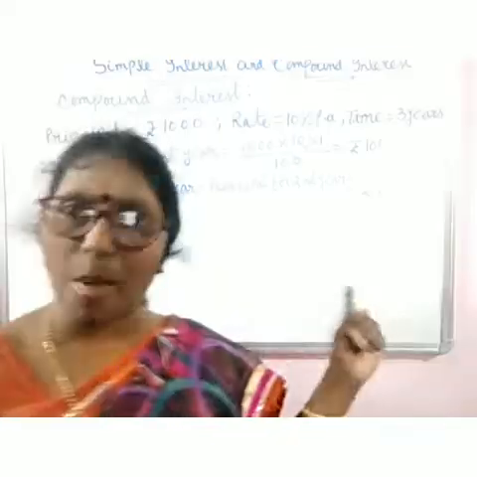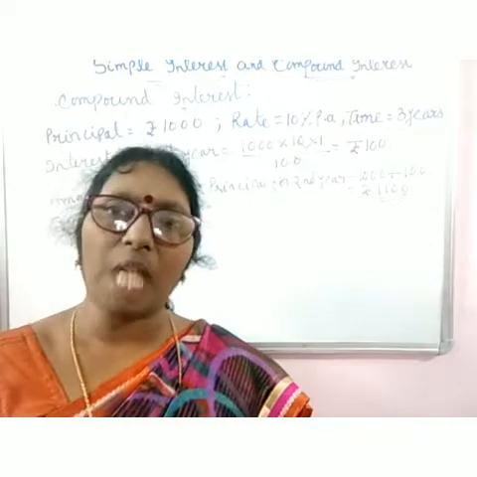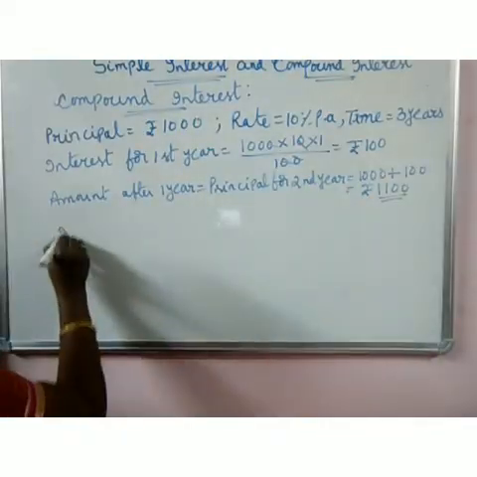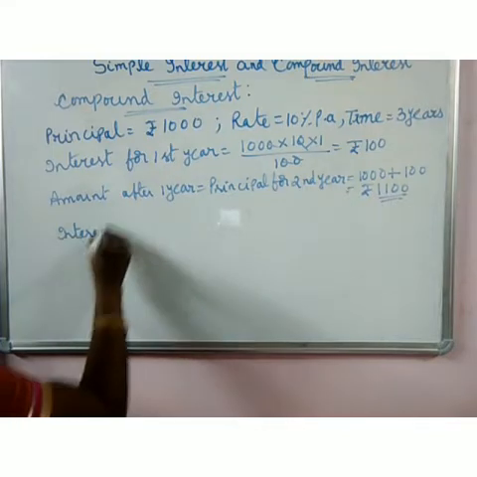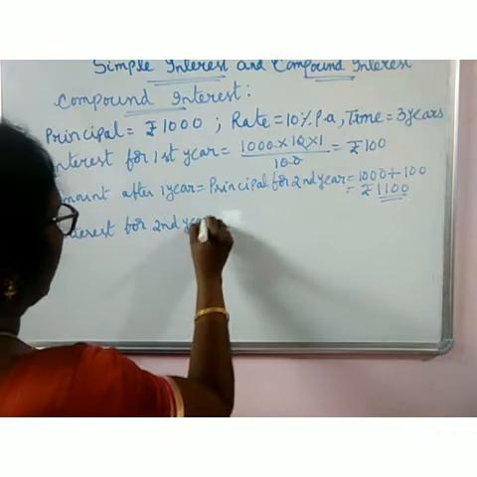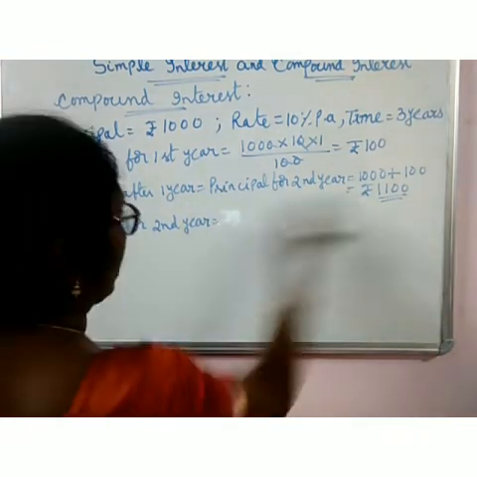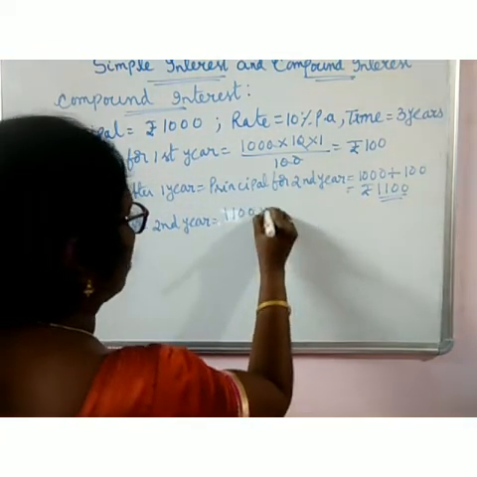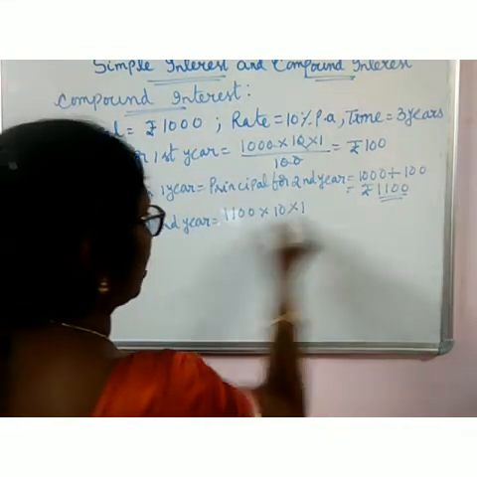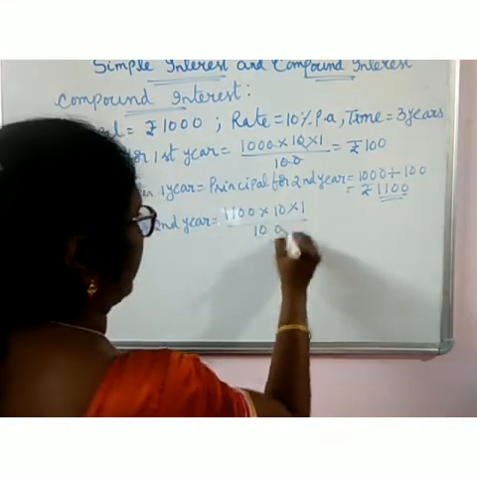So 1100 rupees is the amount after 1 year, that will be the principal for the second year. Now let us find interest for second year. Interest for second year is, principal for second year is 1100, rate is 10. Again for the second year, time is 1 year only. For that year we are finding.